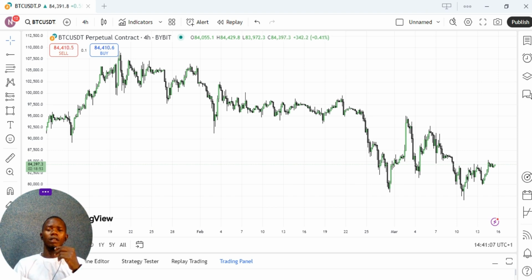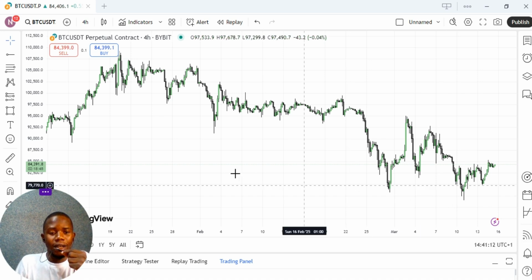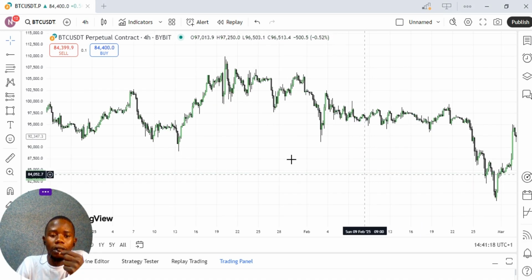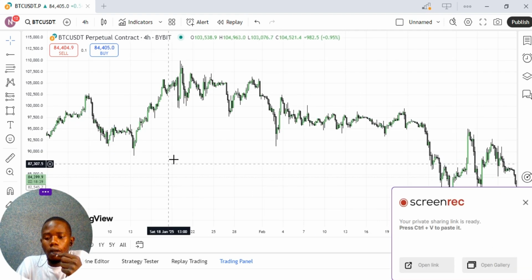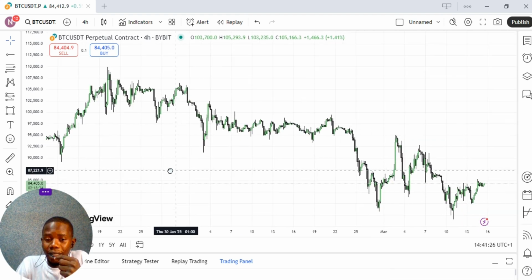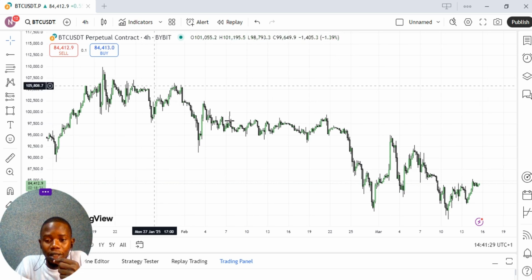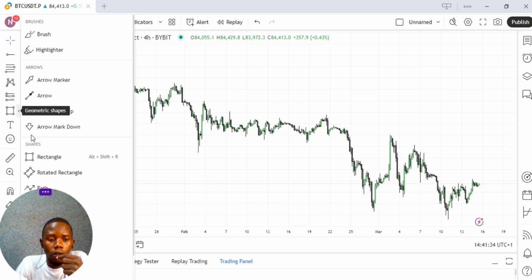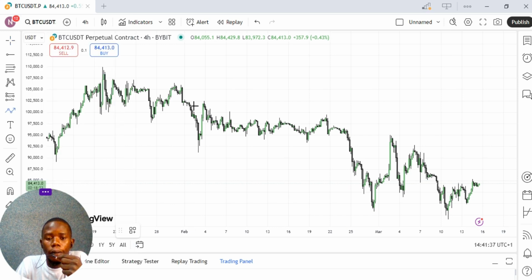So let's look at the chart so that we can understand with examples what market structure is. All right, so now on the chart, you can literally see the market is in a downtrend. Let me use this arrow for it.